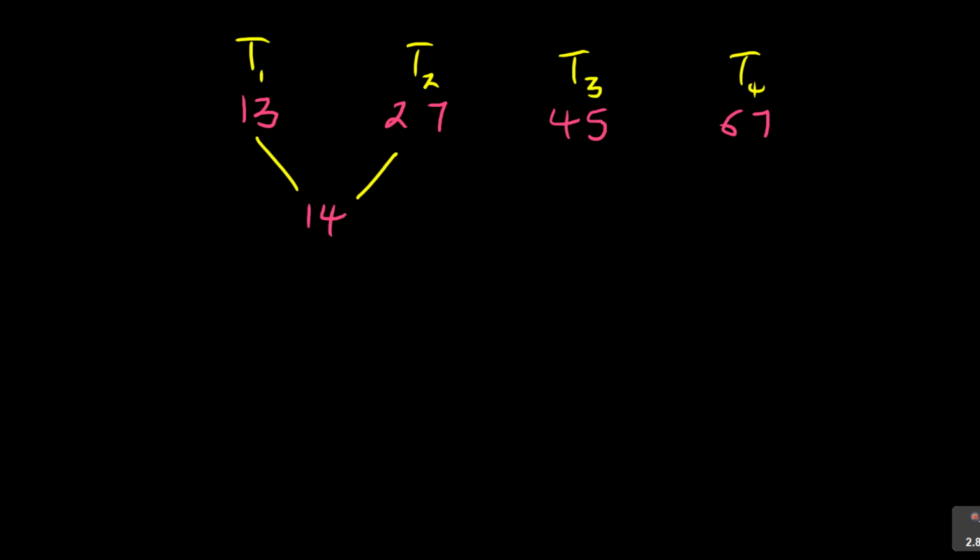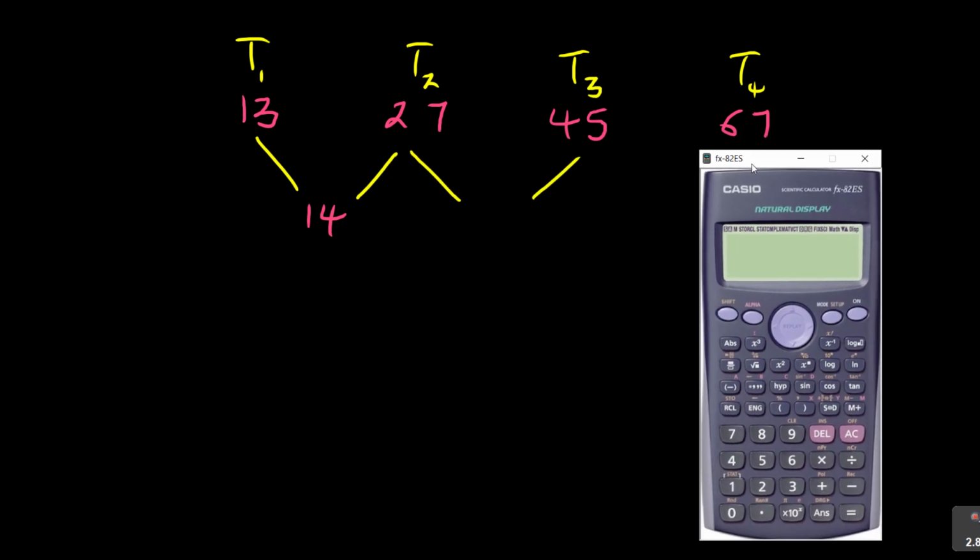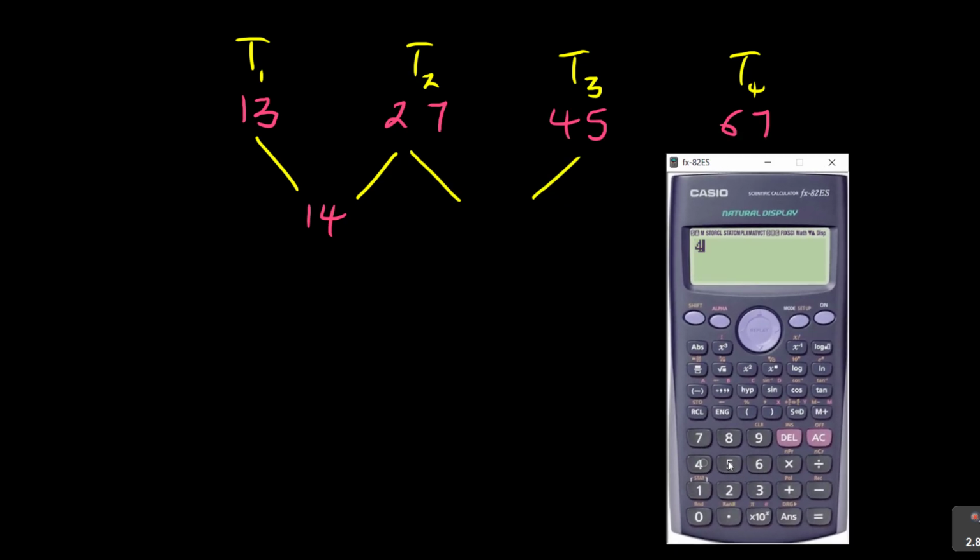Again, I do the same thing, which is T3 minus T2. So I'm saying here 45 minus 27. If I subtract 45 minus 27, I'm going to get 18. I can move on to subtract 67 minus 45.